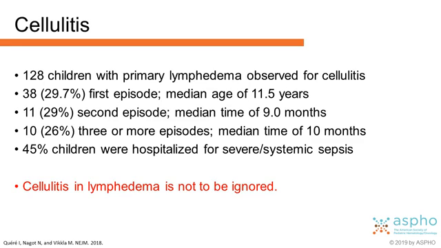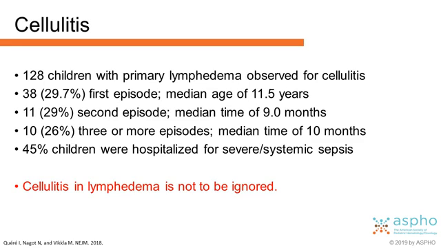Of 128 children included in the study, the first episode of cellulitis was confirmed in 38 patients at a median age of 11.5 years. 29% of those patients then went on to develop a second episode of cellulitis at a median of 9 months after their first episode. And then another 26% had 3 or more episodes, a median of 10 months after their second episode.